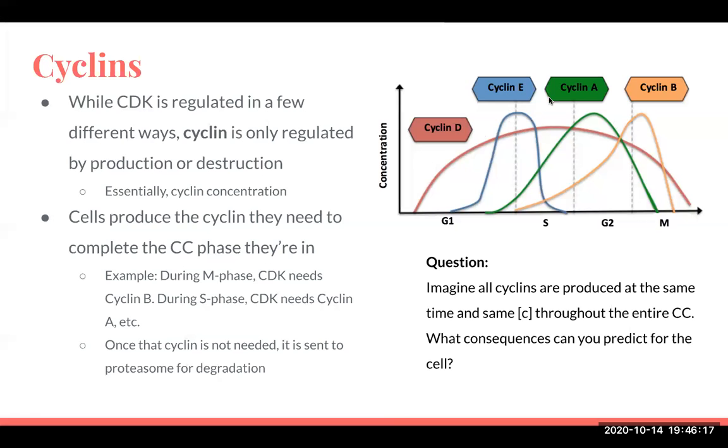So CDK is probably going to bind to the wrong cyclin, and it's not going to be able to phosphorylate or dephosphorylate whatever proteins it needs to in that particular phase, because since all cyclin concentrations are equal, it will most likely bind to the wrong cyclin at the wrong time. So does that make sense? That's why you have these fluctuating cyclin concentrations. Okay.